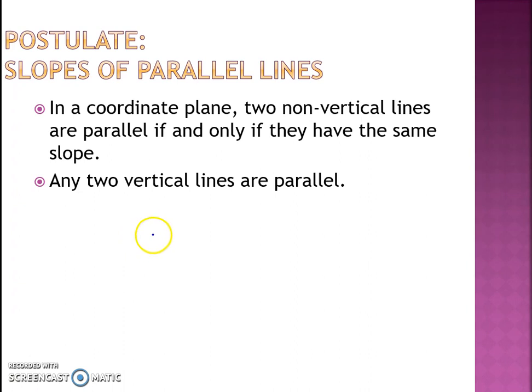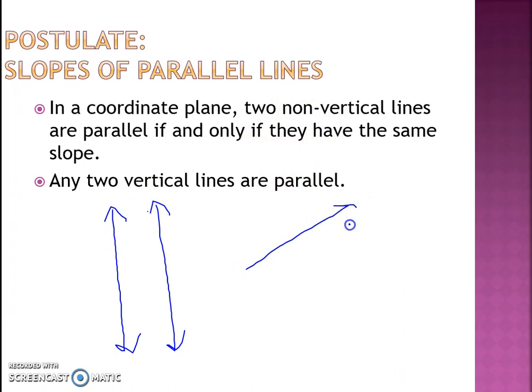So if you have 2 vertical lines, any 2 vertical lines mean going up and down. It's straight up and down, just like y. Any 2 vertical lines are always parallel to each other. But if you have non-vertical lines, slanted this way, in order to prove that these 2 are parallel, they must have the same slope, if and only if they have the same slope.